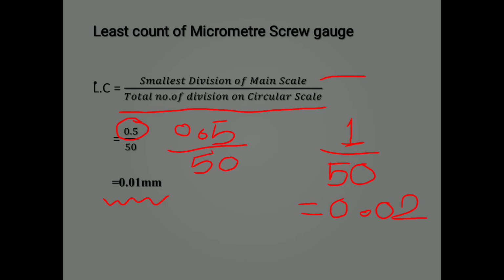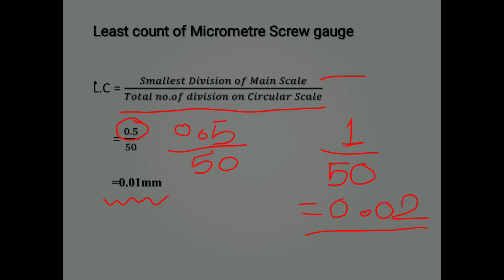So while calculating the dimension, you can see the least count of a micrometer screw gauge is more accurate, closer to the accurate or true value than the vernier caliper value.